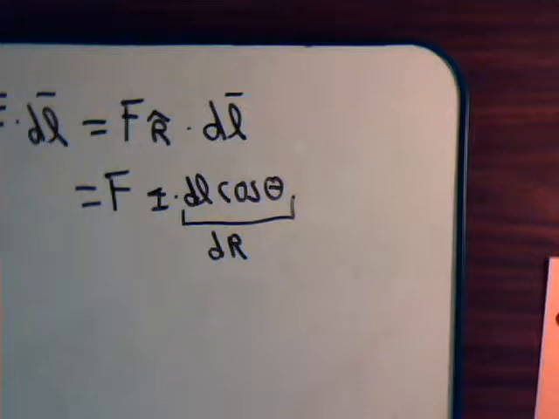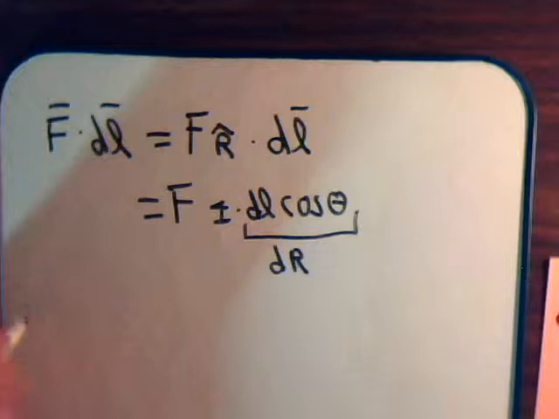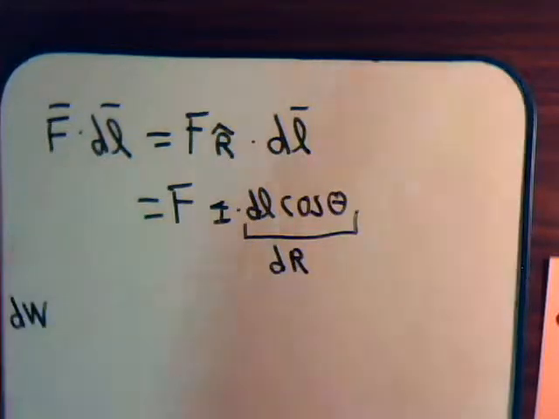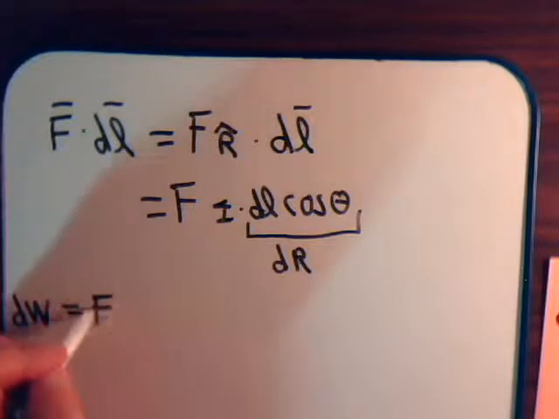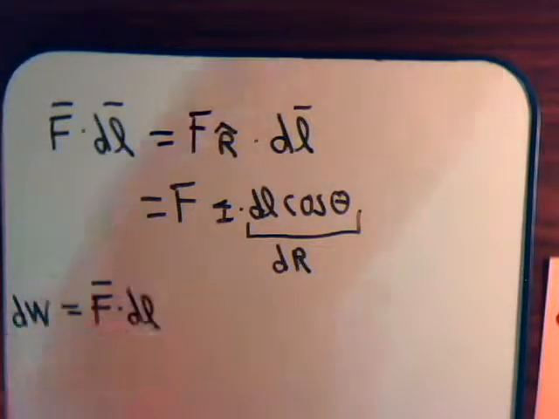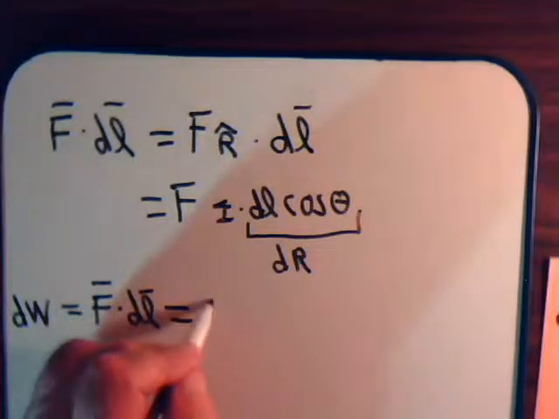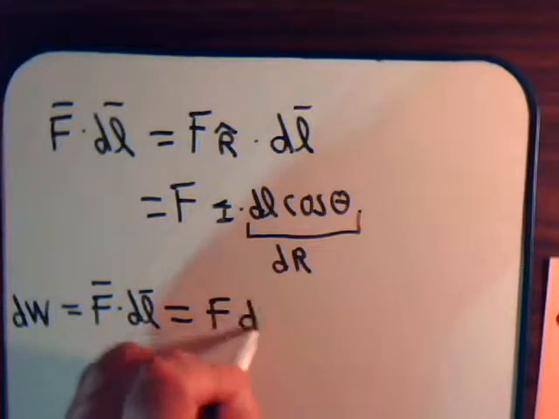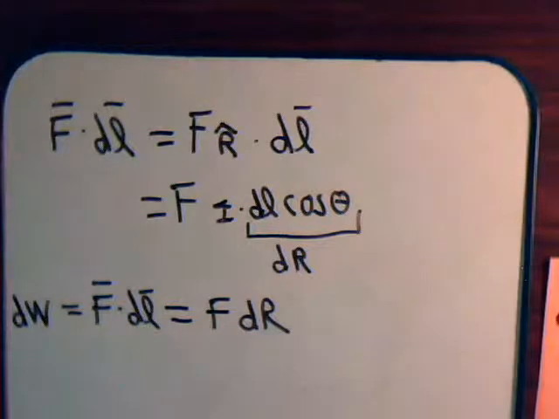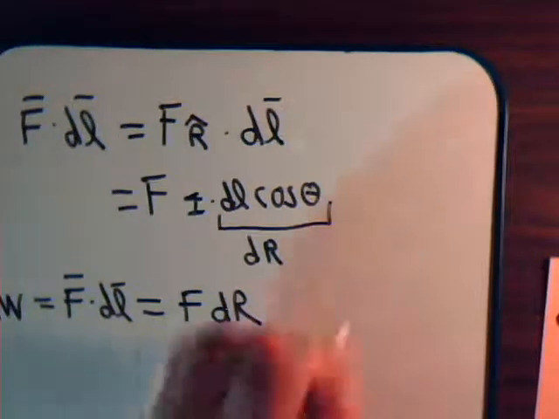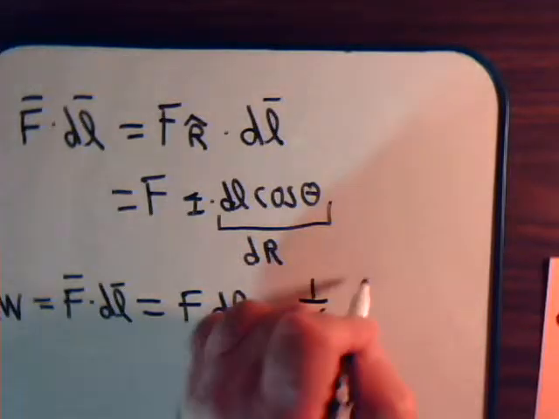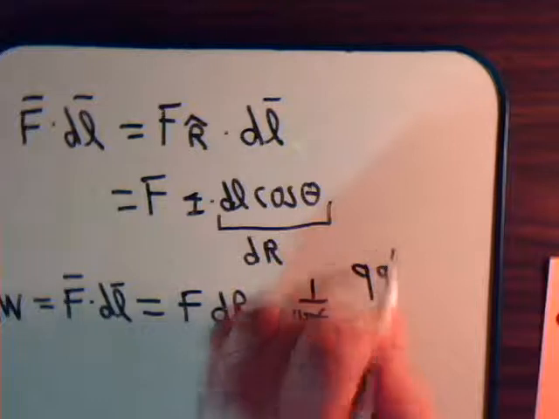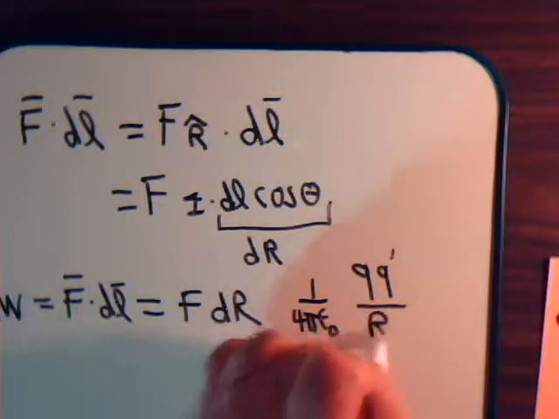So what comes out of all of this is that the differential amount of work done, dW, is F dot dl, and that equals the magnitude of F times dr. And the magnitude of F is 1 over 4 pi epsilon times Q prime in general divided by r squared.